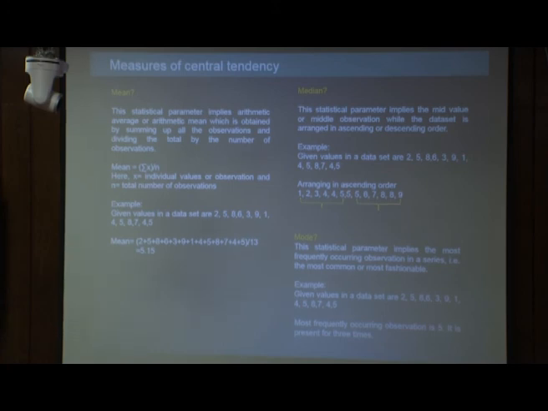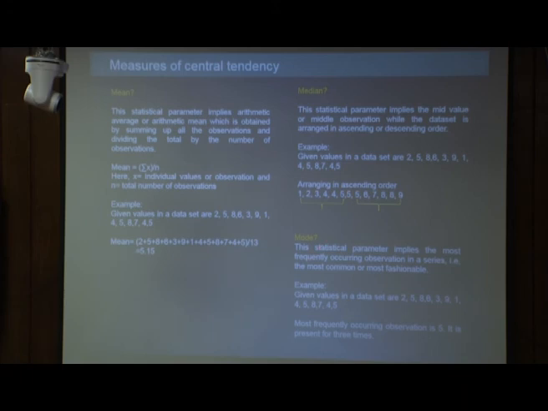Next, mode. There is another parameter for central tendency, that is called mode. This statistical parameter implies the most frequently occurring value in the data set, that is, any particular value which occurs the greatest number of times.